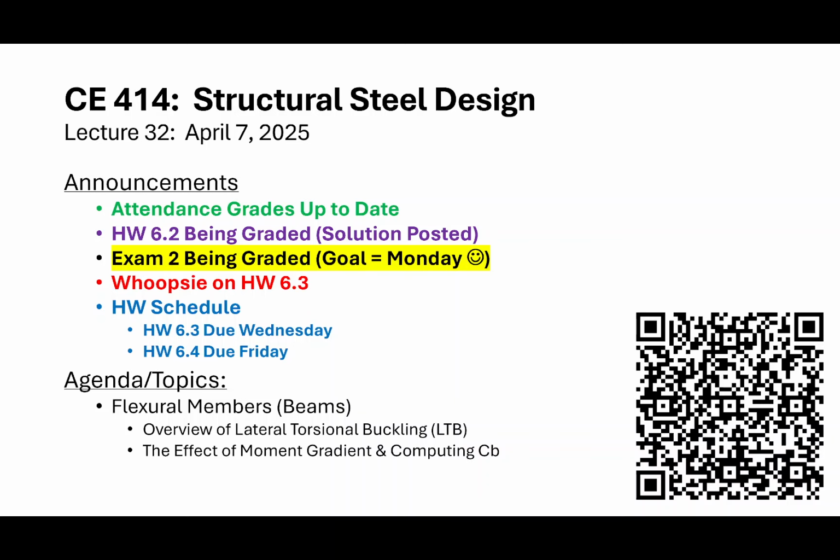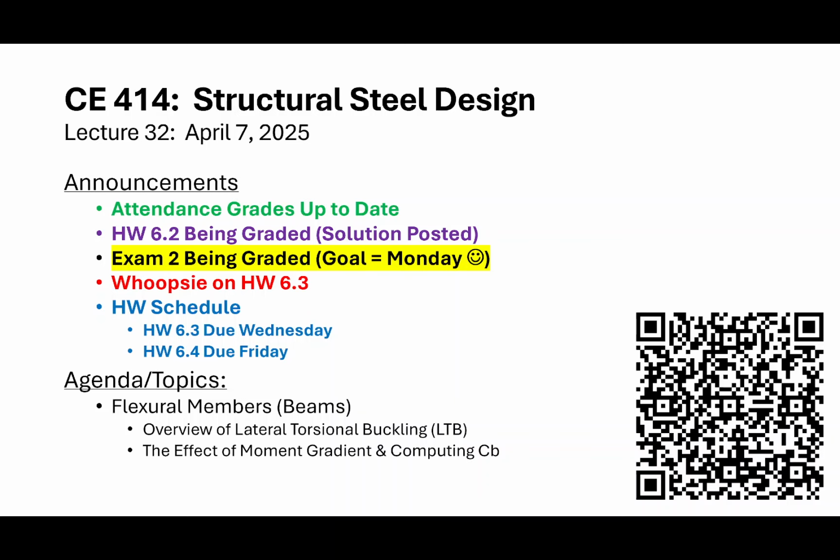Today what we're going to do, though, is we're going to discuss discretely braced beams in some more significant detail. And we're going to talk about the phenomenon of lateral torsional buckling. And the star of the show ultimately today is going to be this term Cb, okay? But it's going to take me a while to explain what Cb even is and what it's for.